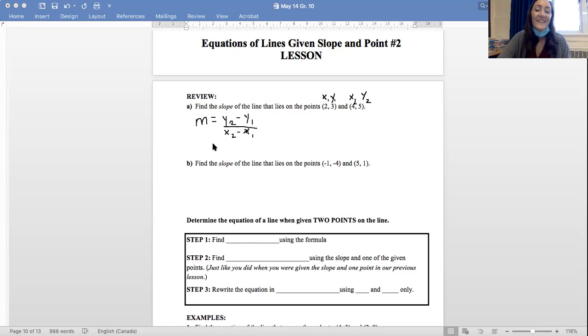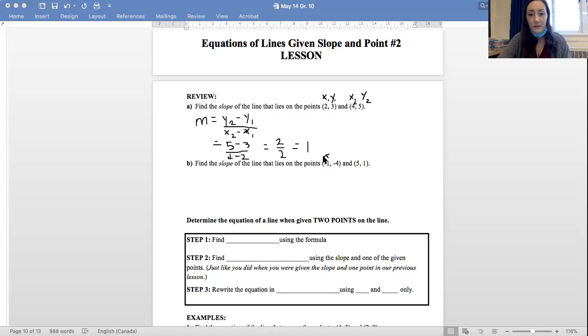So our y2 is 5, our y1 is 3, x2 is 4, and x1 is 2. So we put it all together. 5 minus 3 is 2, 4 minus 2 is 2. So our slope for this one is 1.